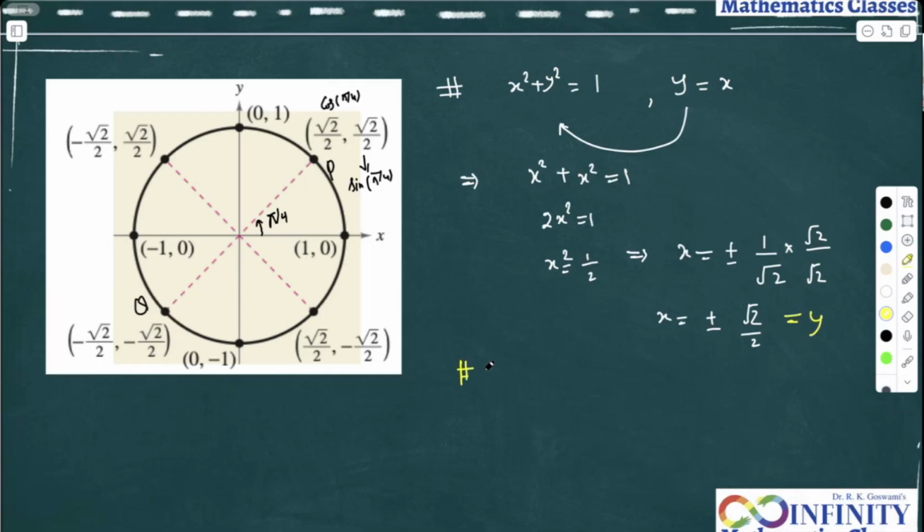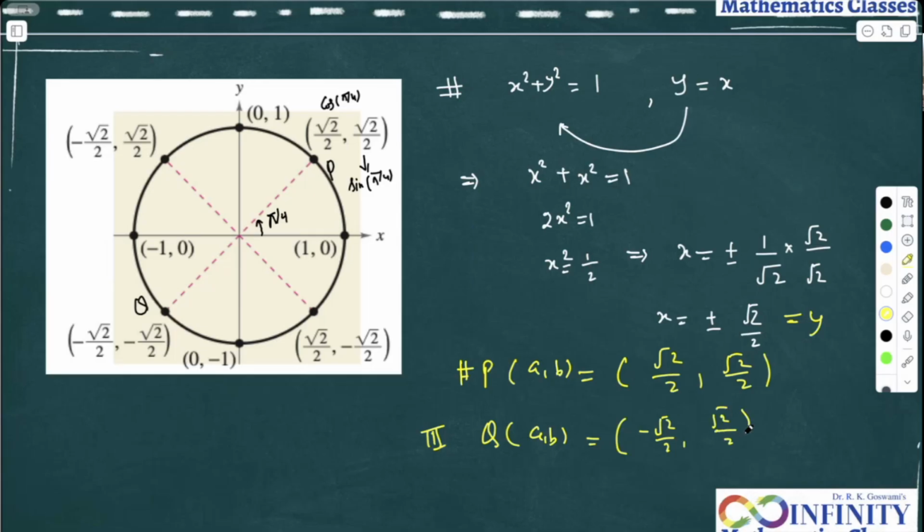And the coordinate of P, because it is in the first quadrant, you will have positive values only, so it is root 2 by 2 and root 2 by 2. And the coordinate of Q, because it is in the third quadrant, and in the third quadrant both are negative, so I will use negative root 2 by 2 and negative root 2 by 2. Do you agree? Yes. So if you know the correct line, then you will be able to get the answers.